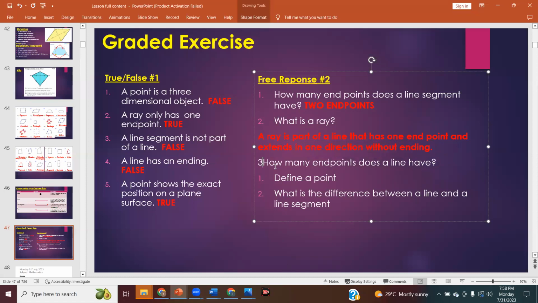Number 3 goes to Kai Wells. How many endpoints does a line have? Kai Wells, how many endpoints does a line have?